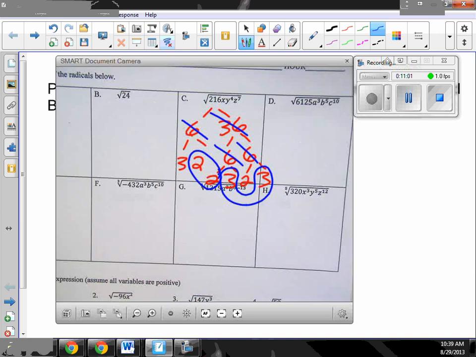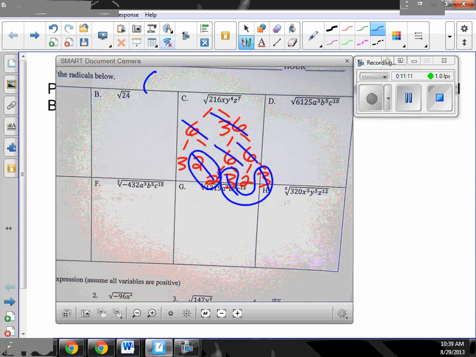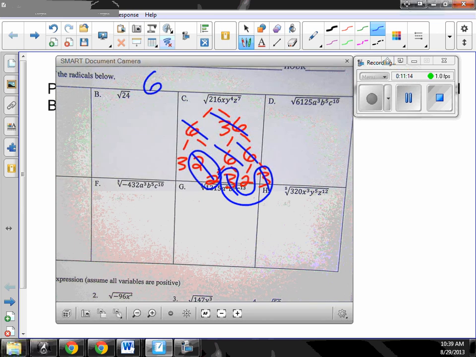I'm going to bring out one of those 2s and one of those 3s. I have a pair of 2s, so I'll bring those out. I have a pair of 3s, I'll bring that out, and I get 6. Yes, everything that comes out gets multiplied together, and everything that stays in gets multiplied together.